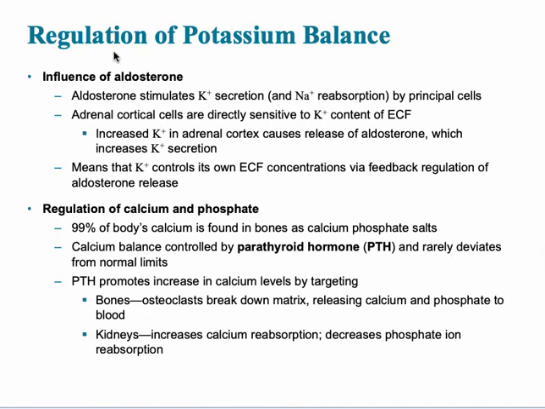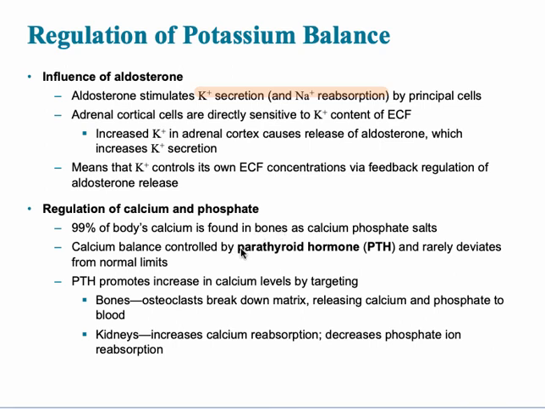Aldosterone also inversely affects potassium, because when sodium is reabsorbed, potassium would be secreted. And also the parathyroid hormone has an effect here. So mainly the hormones are going to have an effect at the last part of the renal tubule.